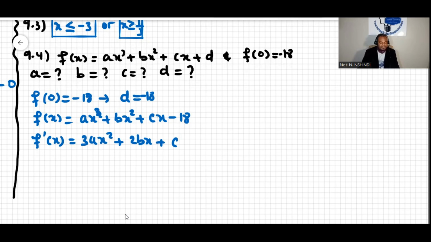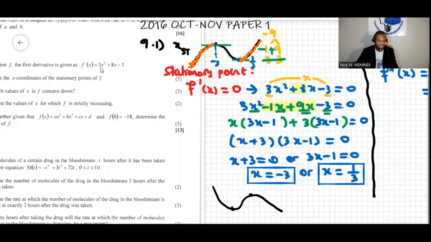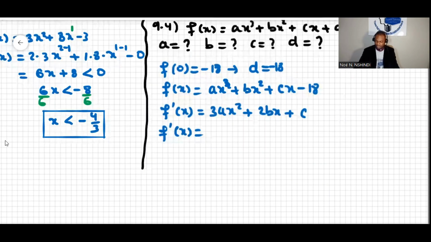Now, previously it is given that f prime of x equals 3x squared plus 8x minus 3. So that's f prime of x. This is given right here.